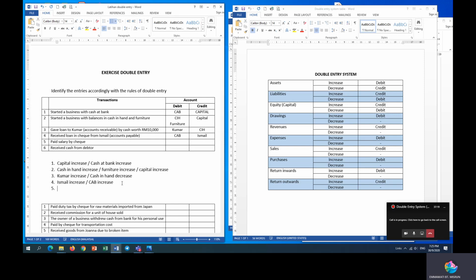So salary is one form of your expenses. Okay, ini adalah perbelanjaan awak sebab awak mengeluarkan duit untuk melakukan aktiviti tersebut. Okay, ia adalah expenses. And then, how do you make that payment? So, you make that payment via check. So, check is something to do with your cash at bank.